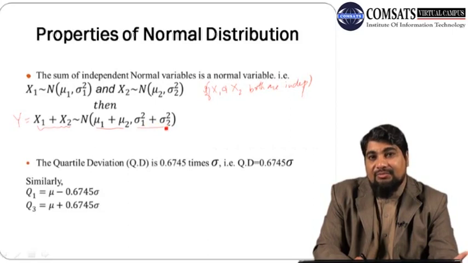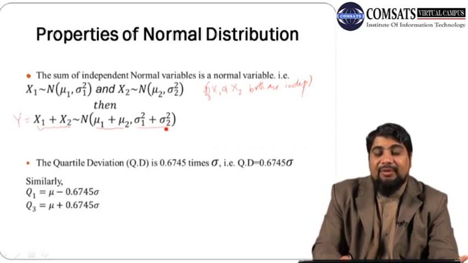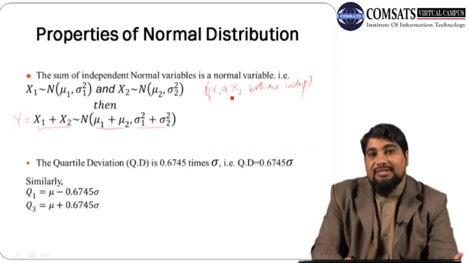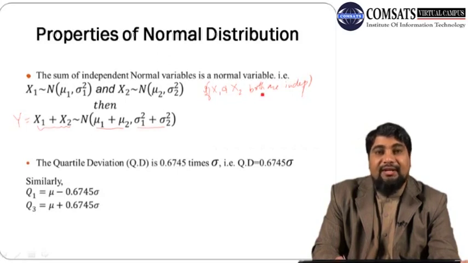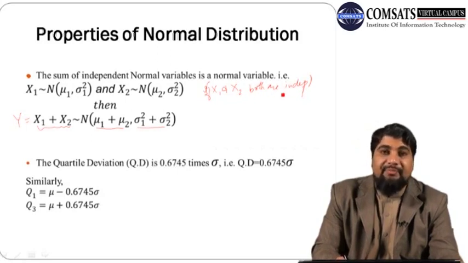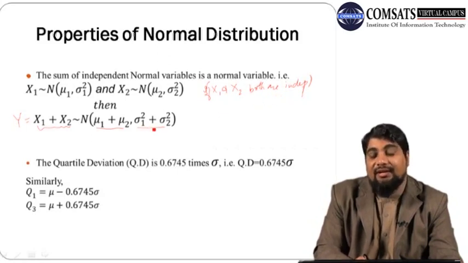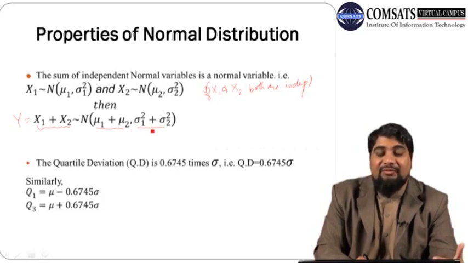And remember that this formula is only valid when both random variables x1 and x2 are independent. If they are dependent, in that case the variance will also include the covariance of x1 and x2.